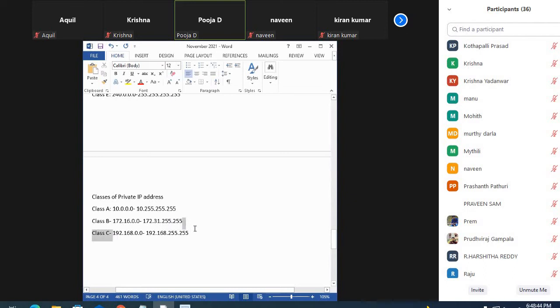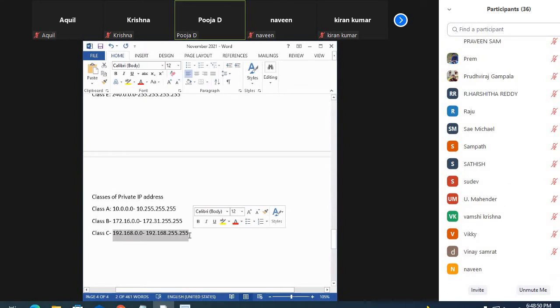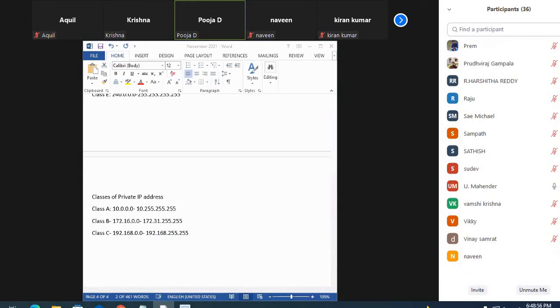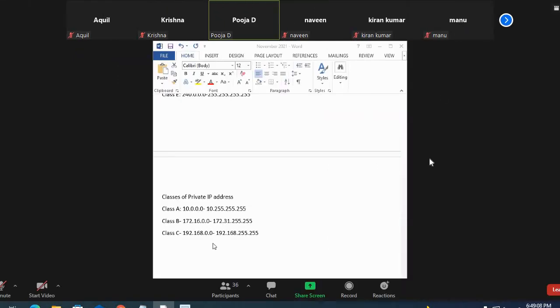Also, you can assign a static or fixed IP address to devices. There will be some desktops that are fixed, not movable, that you are not going to move from here to there. To those fixed desktops, you can assign a fixed IP address.